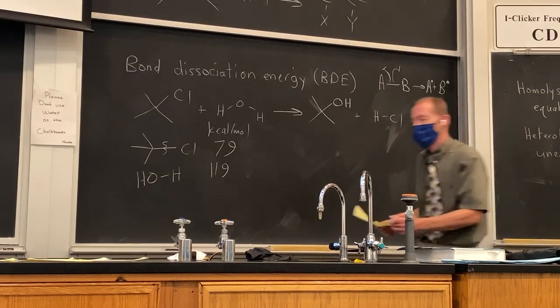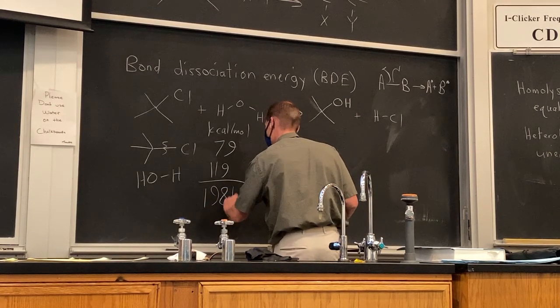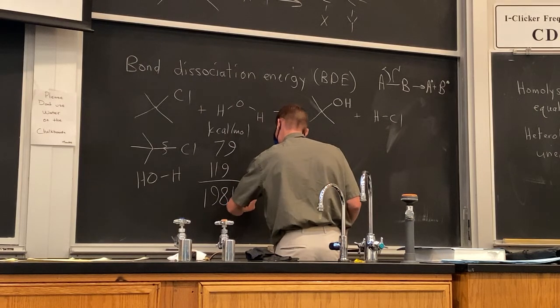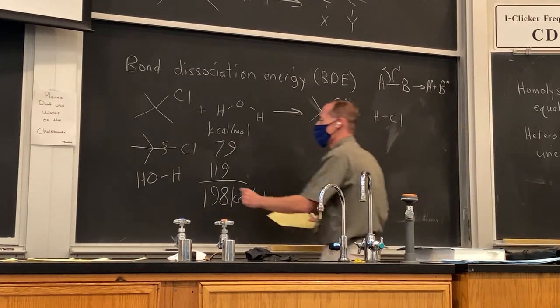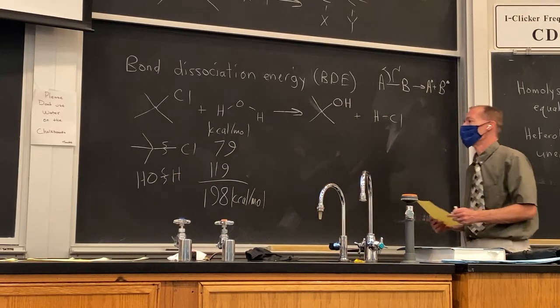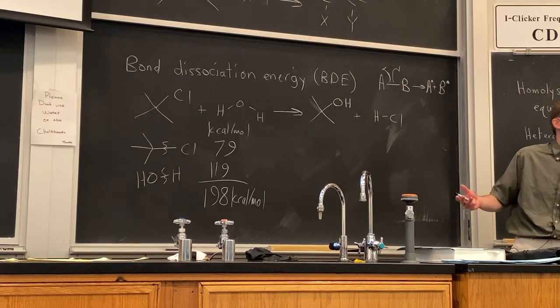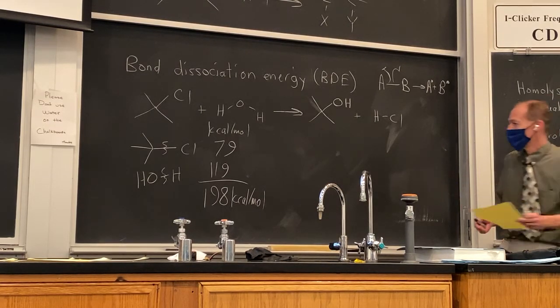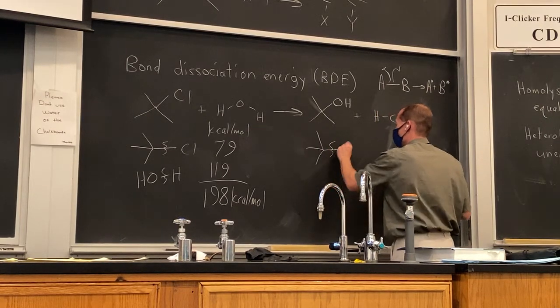Okay, so we can add these numbers up. We add them up, we get 198 kcals per mole. That's how much energy it's going to cost us to break these two bonds that are broken in the reaction. All right, what bonds are being formed? We're getting a carbon-oxygen bond to a tert-butyl group.